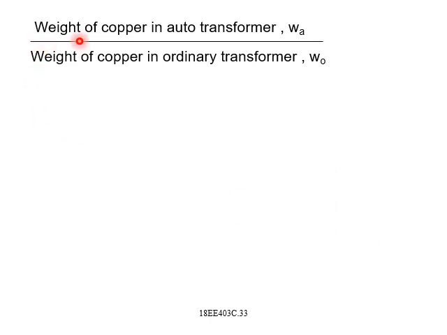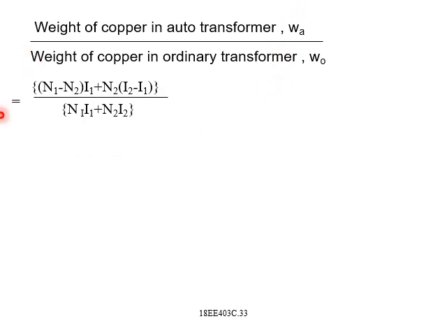Okay, next slide. Here, the weight of copper in an auto transformer is WA, and the weight of copper in an ordinary transformer is denoted by WO. That gives us WA equals, we have added both the things, that is N1 minus N2 into I1 plus N2 into I2 minus I1, divided by N1 I1 plus N2 I2.